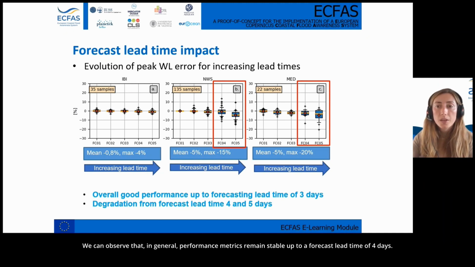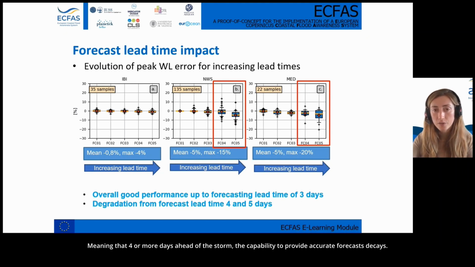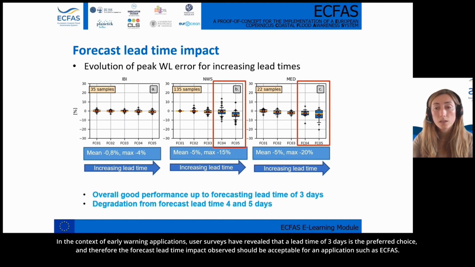So we can observe here that in general, performance metrics remain stable up to a forecast lead time of 4 days, meaning that 4 or more days ahead of the storm, the capability to provide accurate forecast decays. And in the context of early warning applications, user surveys have revealed that a lead time of 3 days is the preferred choice by the users.